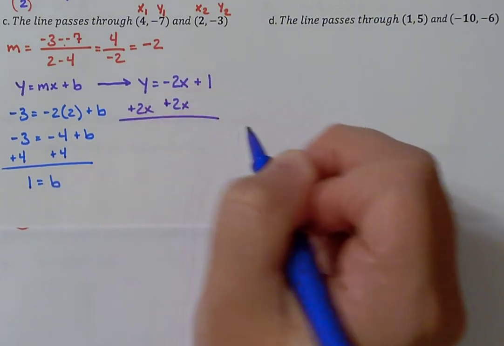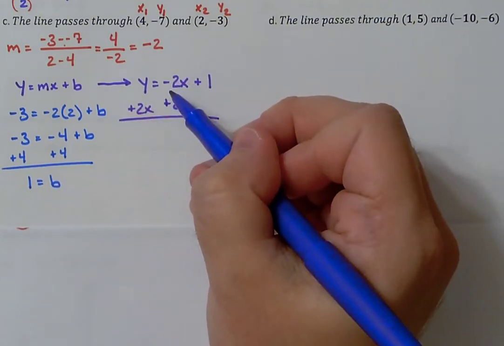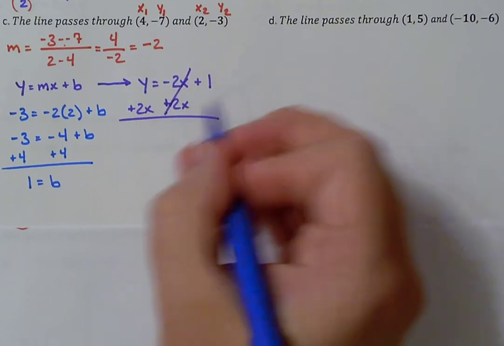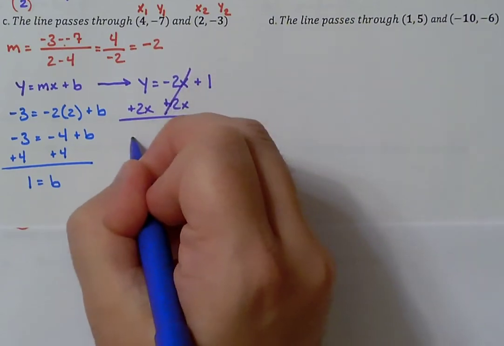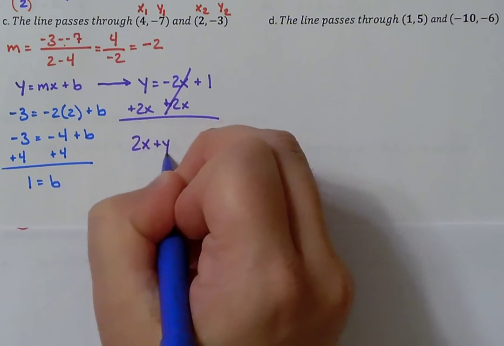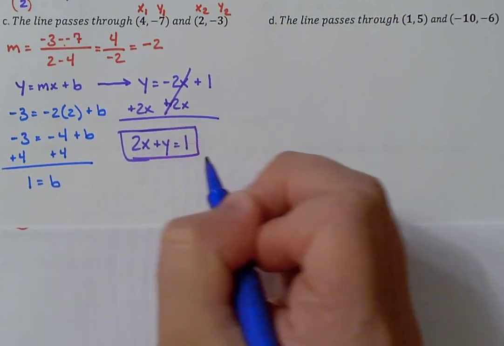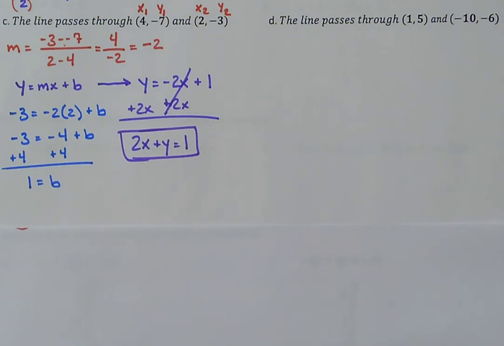And the reason I'm adding the 2x is because it's a negative, so the inverse would be addition. So if I add it to the left side, I get 2x plus y equals 1. And that is my answer in standard form, because I have x and y on the same side, constant on the right side, and no fractions.